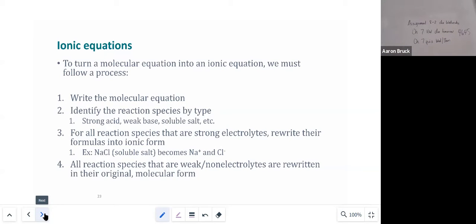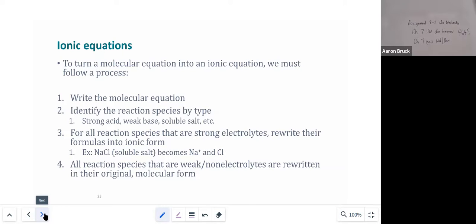If you know your solubility rules, if you know how to identify acids and bases and classify them into strong and weak categories, this is not a terribly difficult process. If you struggle with the solubility rules, if you have trouble identifying weak acids versus strong ones, this can be a very difficult and trying process for you.